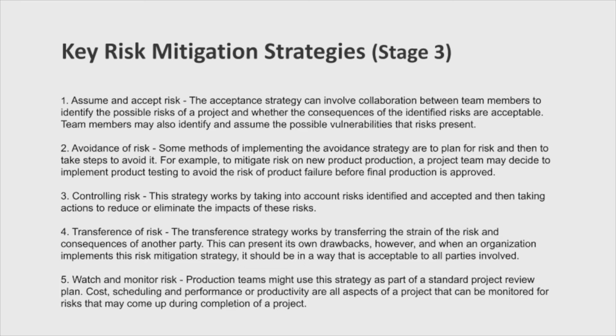We can also, the fourth one looks at transferring the risk. Now, transferring the risk really says we're not reducing it, we're just putting it on someone else. So when we buy insurance, for example, insurance is an example of transferring the risk. There is a risk that as we take a car out and drive it down the road that we're going to have an accident.